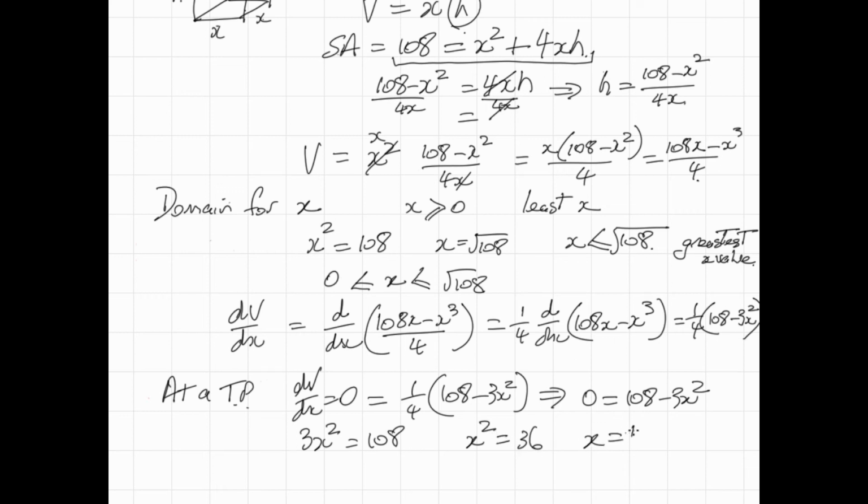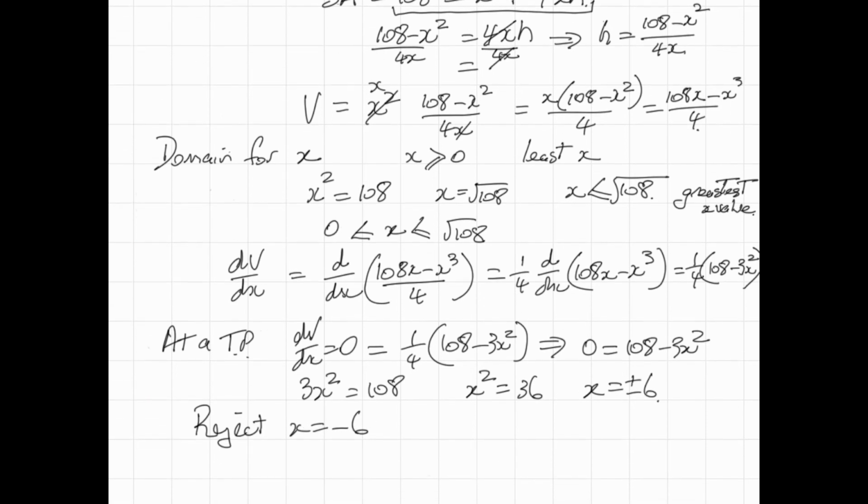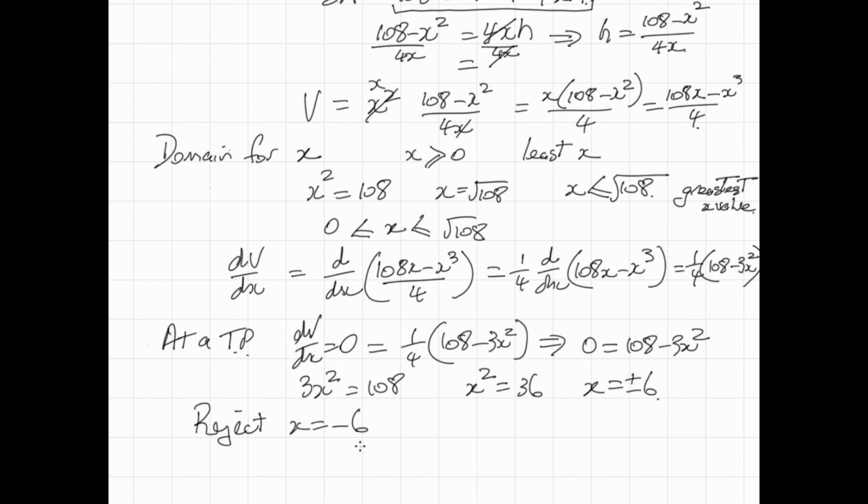So x equals plus or minus 6. We can reject x equals -6 because we're talking about the length of the side of a box. So just put not possible to have -6 centimetres for a length. So therefore x equals 6 happens when we've got a turning point.